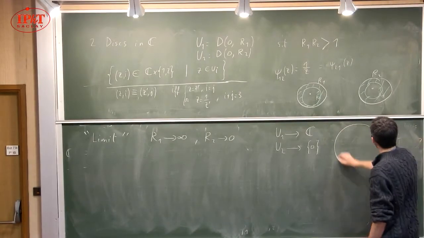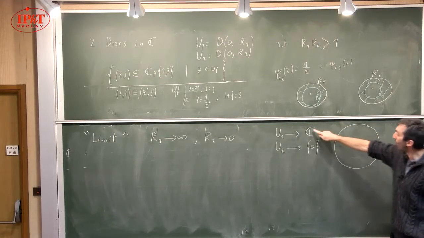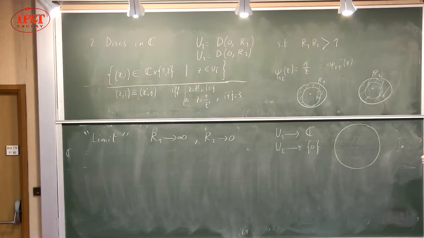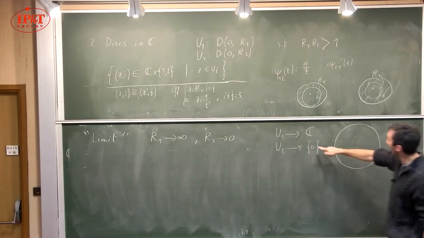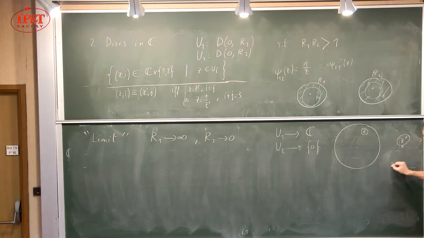So if you want, you have a very large disk and a very small one. And in the limit, basically, what that means is that you are going to glue the whole C to just a point. And remember that if I call Z the coordinate in the first chart and Z prime the coordinate in the second chart, Z prime equals 1 over Z. That's my transition map if I want to identify the two coordinates. So 1 over 0, if you take it back into this map, it will be infinity.